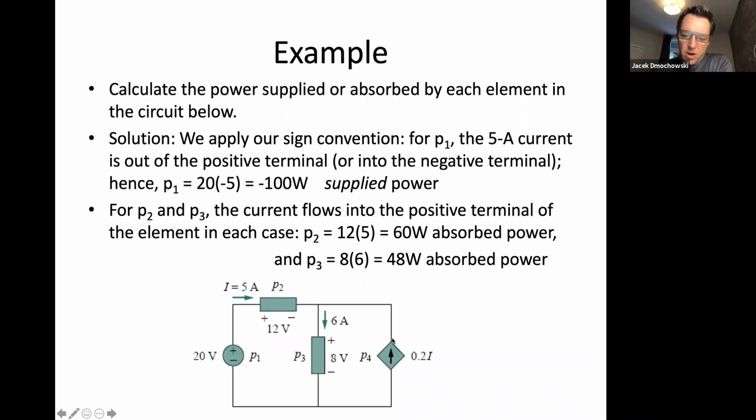Yep. And so notice that this current is entering the negative end of this, this is the negative terminal and this is the positive. So we have the 1 amp that we got by multiplying 0.2 times 5 amps, and we got the 8 volts. But again, the current is exiting the positive end, so it has to be -8 watts.